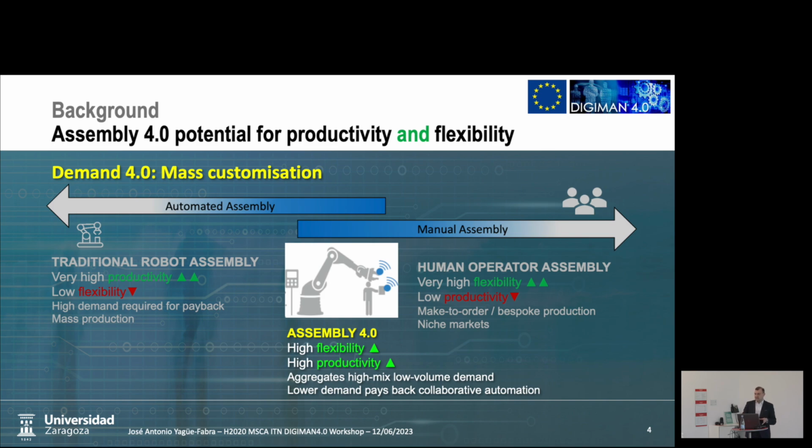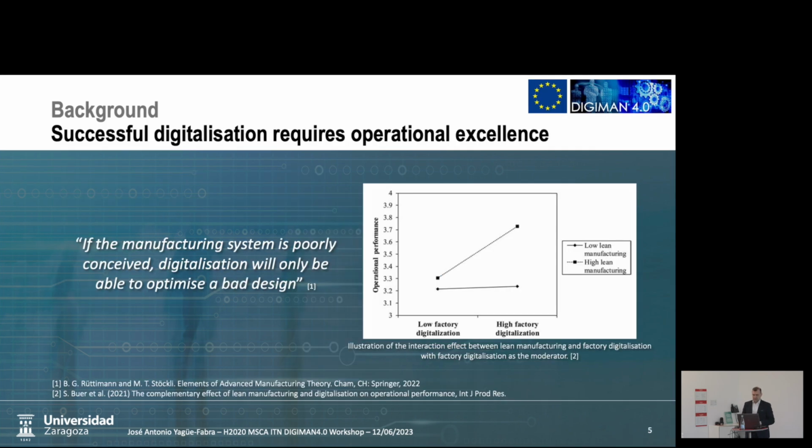And this is where Digiman or Industry 4.0 can give some very interesting solutions. And I want to mention also this. We have been talking about this 4.0 all the time, but as we noticed from real cases in industry, we could directly say that if the manufacturing system is poorly conceived, digitalization will only be able to optimize a bad design.